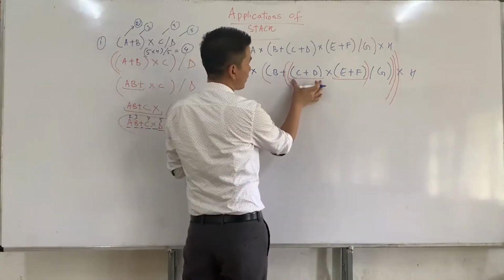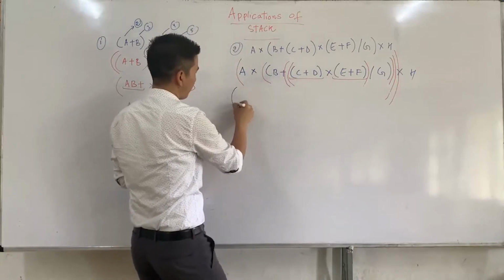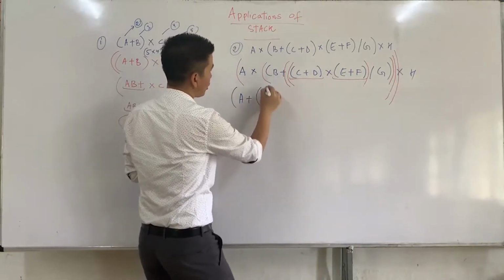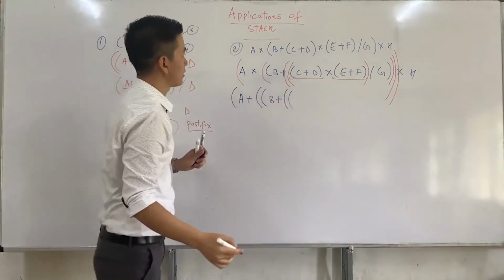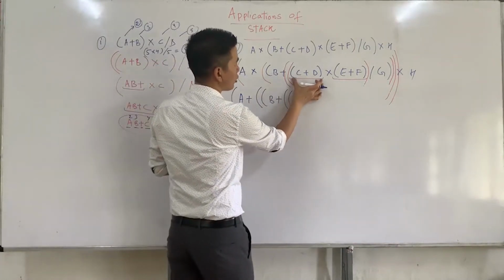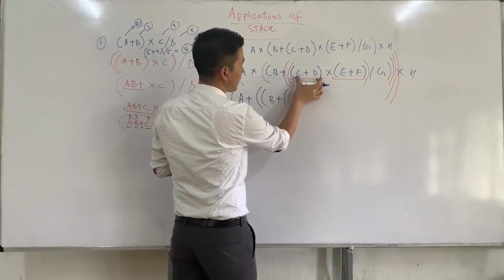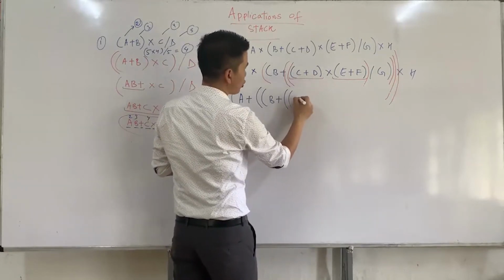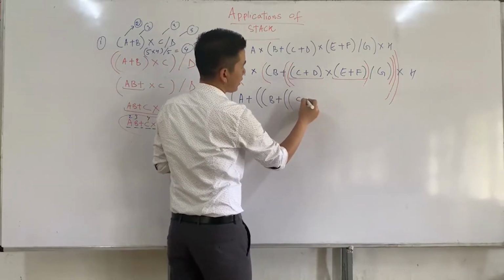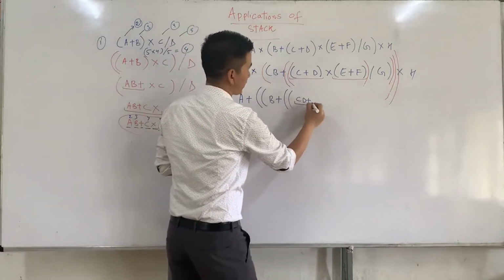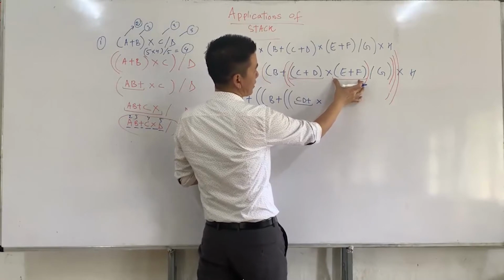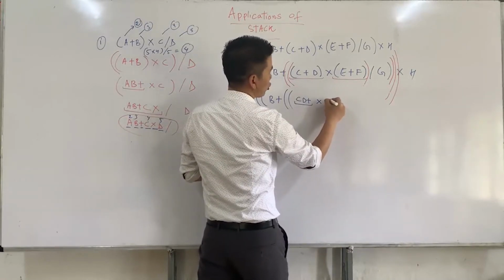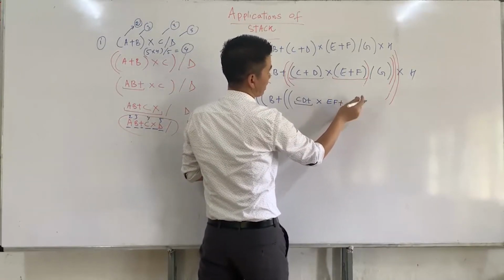So I need to take care of this first. I'll have the A plus two brackets. Remember, B plus two brackets, and then we'll get rid of this. So C plus D enclosed in this bracket will change to CD plus. I'll just mark it like this, and then multiplied by, be careful with the bracket, E plus F will be changed to EF plus.